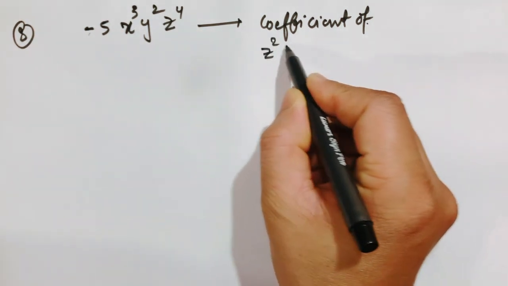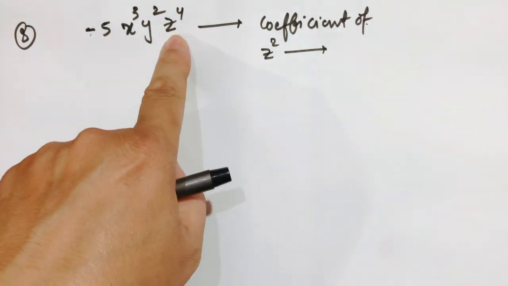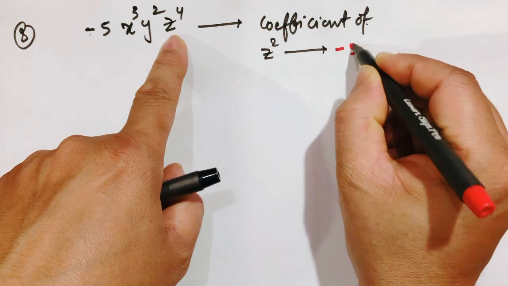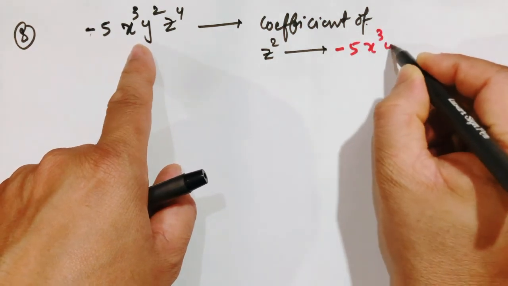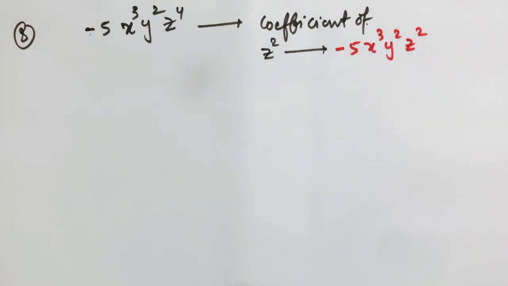Can you please remove z square from here? So you will get minus 5 x to the power 3 y square and z square.